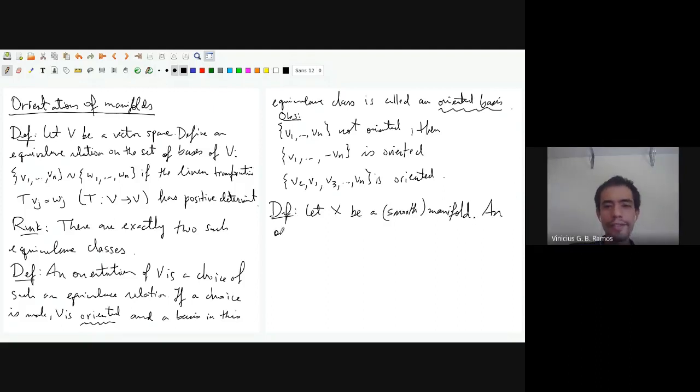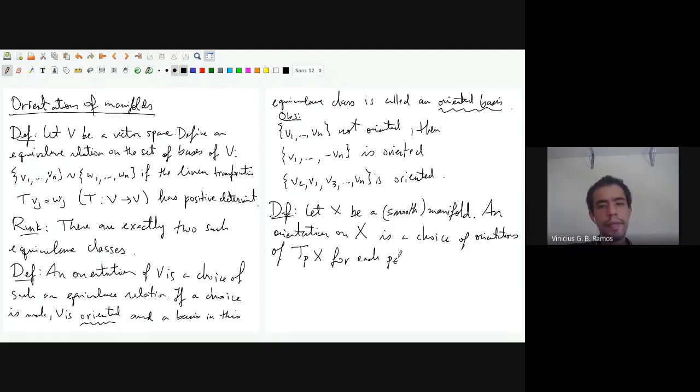An orientation on X is a choice of orientations of T_pX for each p in X. So you choose an orientation for all the tangent spaces. These are all vector spaces, but you don't want to do that in a random way. You want it to be somewhat reasonable.